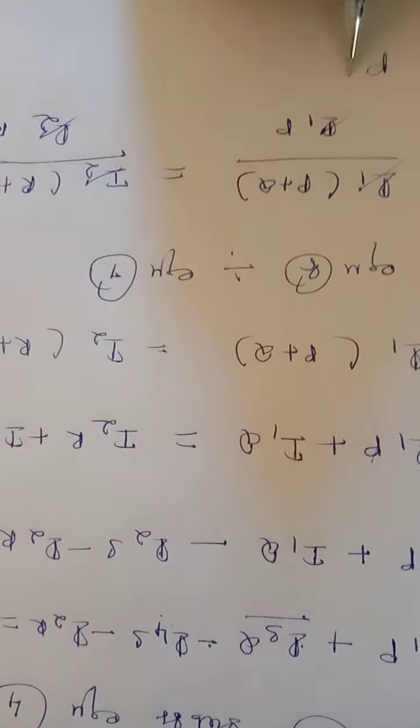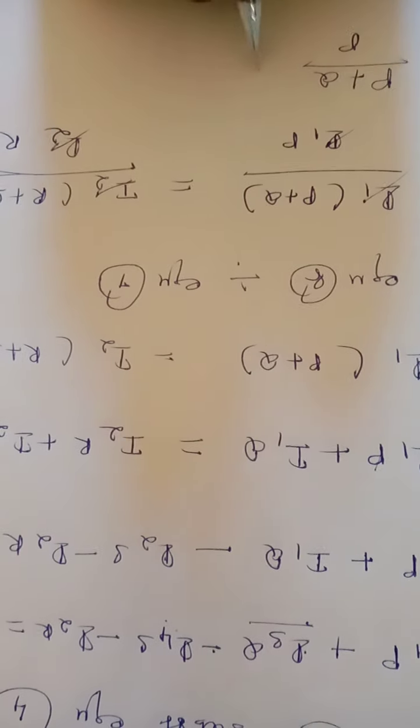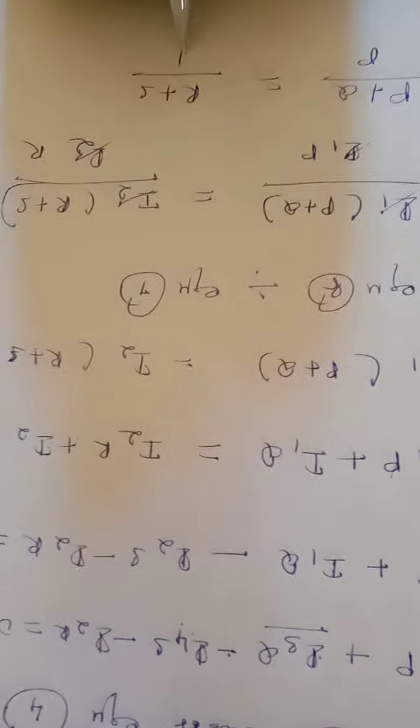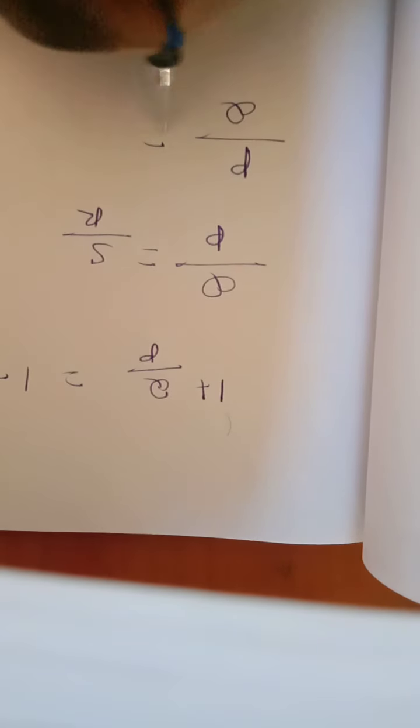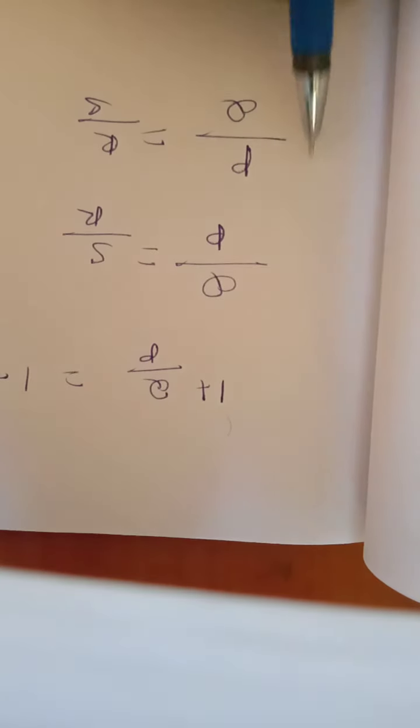The remaining factors: (P plus Q) by P is equal to (R plus S) by R. So 1 plus Q by P is equal to 1 plus S by R. Hence Q by P is equal to S by R, or P by Q is equal to R by S.